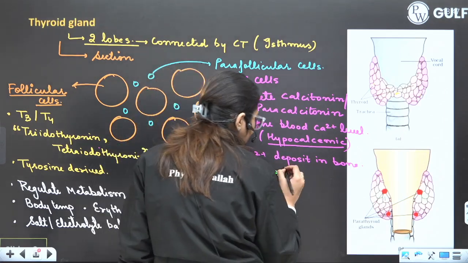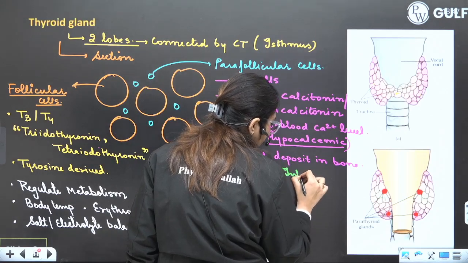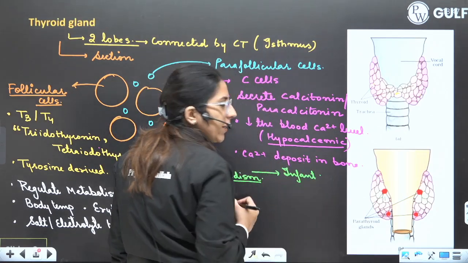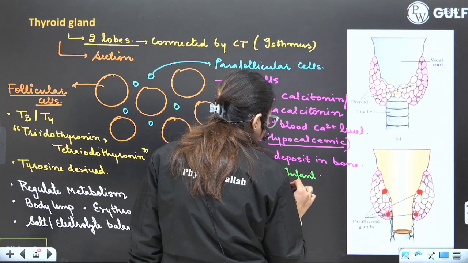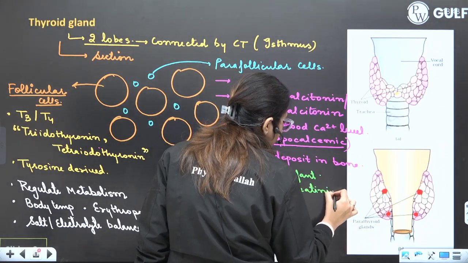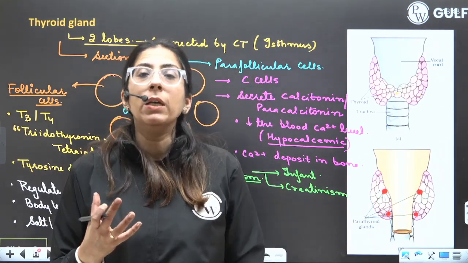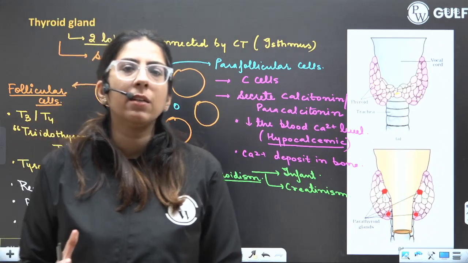If I talk about kids, that means in an infant, when a mother is pregnant and she is taking less iodine in her diet, this can lead to cretinism. Cretinism is a condition where the baby who will be born will be mentally retarded and have less growth.